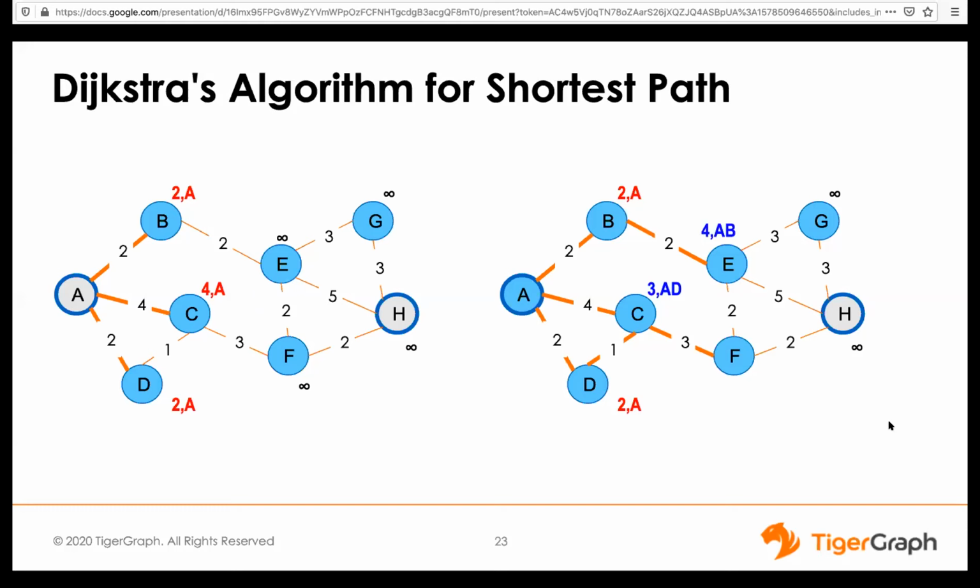So we're reading the information that was stored on D after the first step. We took the 2 from A, added 1 to get 3, and added D to get AD. So that's 2 iterations. On the next slide, we see the third iteration.